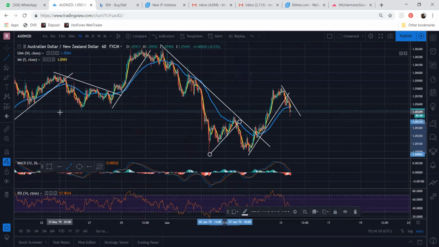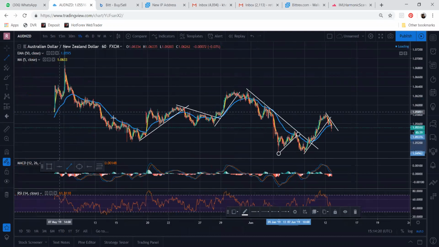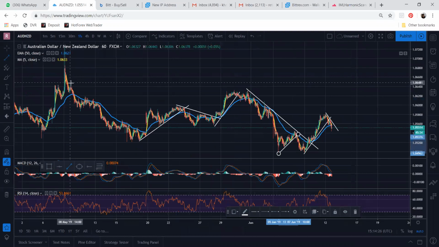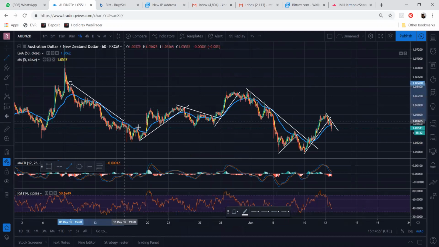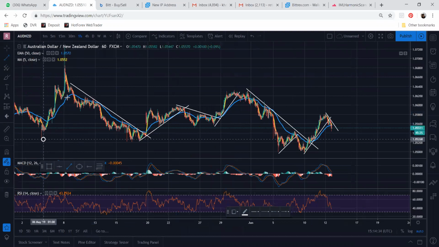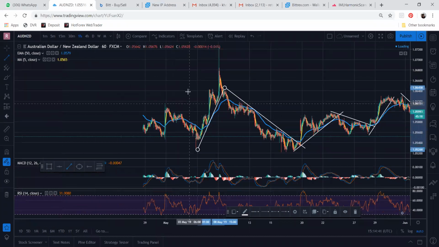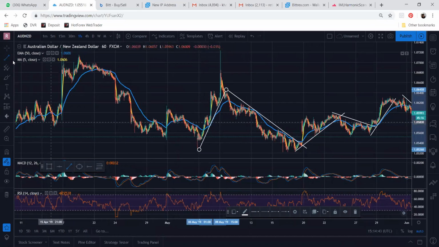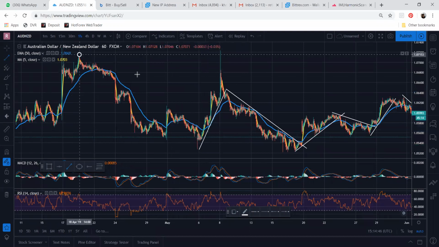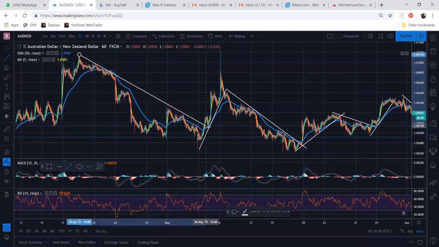You know what validates the trend, so just start to draw those trend lines in. Very simple. Get familiar with it. Go on the chart, start to draw them. It's not complicated. We make things complicated. Don't make it complicated, guys.